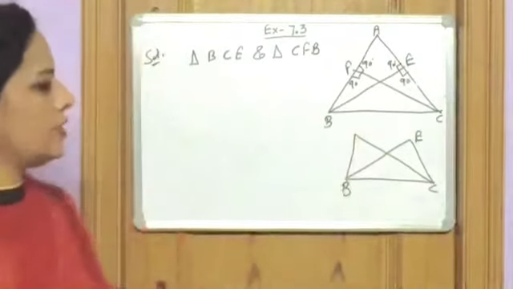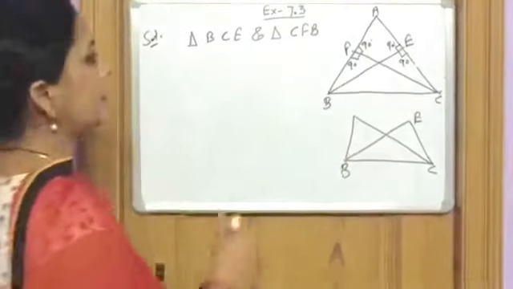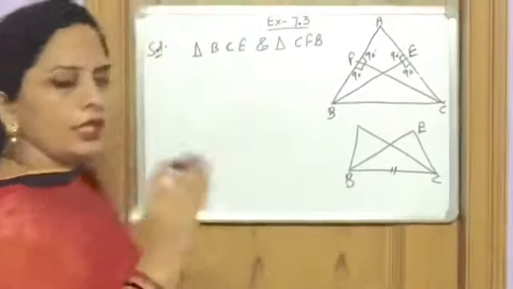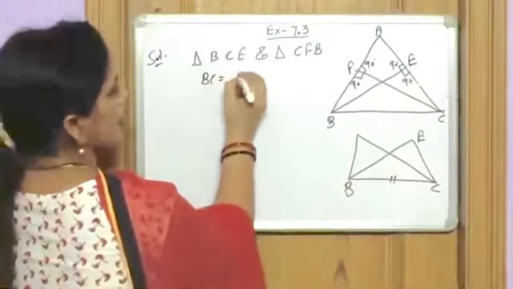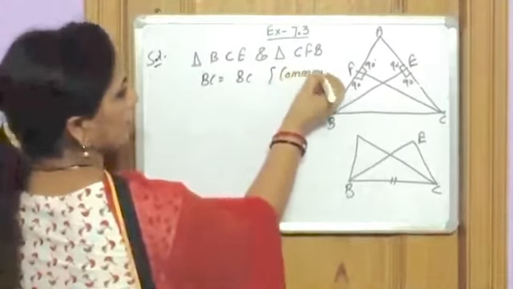We will show these two triangles are congruent. How can we show that? In these two triangles, side BC is common in both of the triangles. So BC is equal to BC, which is common.